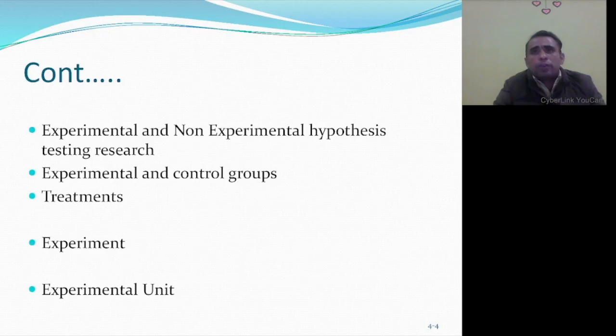Similarly, if we want to determine through an experiment the comparative impact of three varieties of fertilizer on the yield of wheat, then the three varieties of fertilizer will be treated as the three treatments.